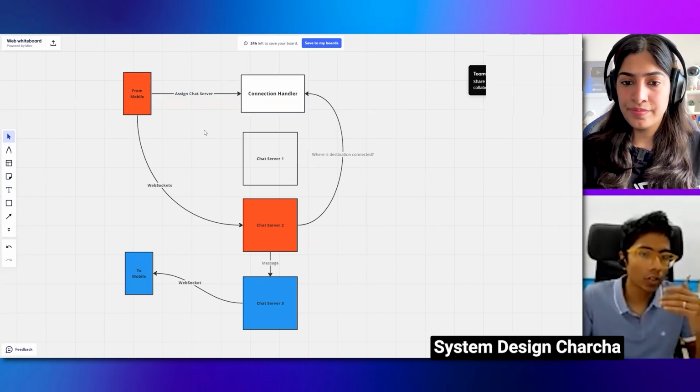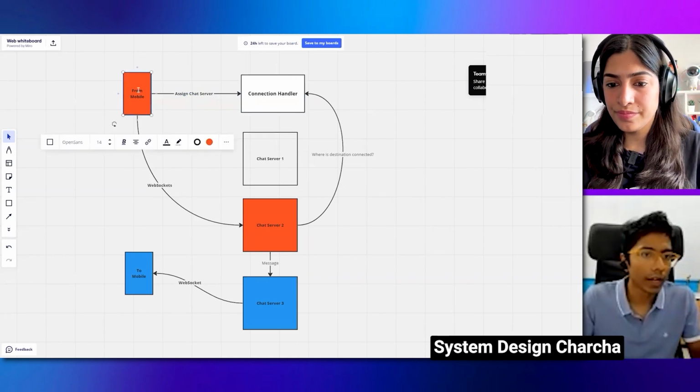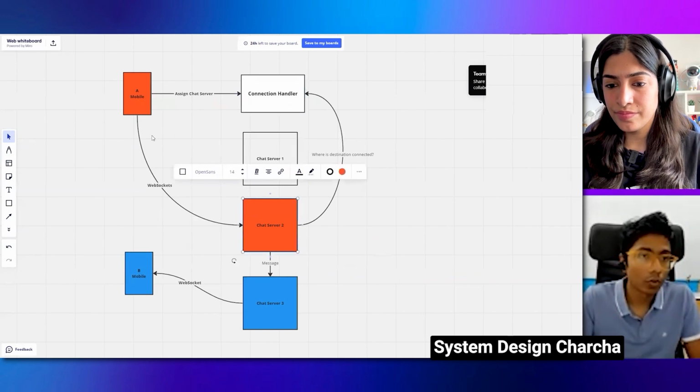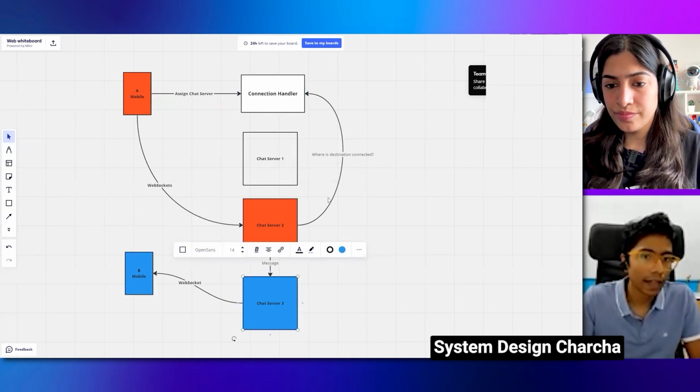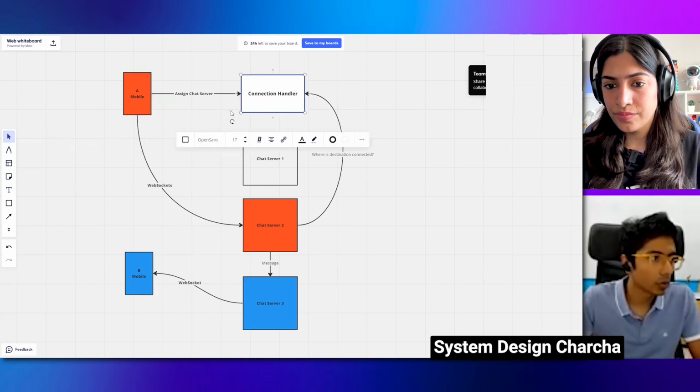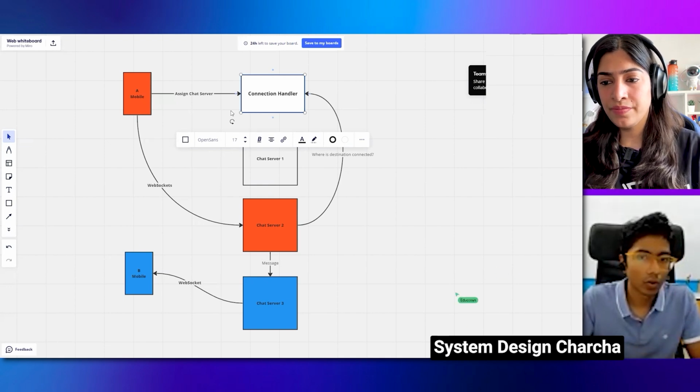So whenever a person wants to know where a mobile should connect to, mobile A should connect to mobile B, this has some sort of a mapping of A belongs to chat server 2, B belongs to chat server 3. In that way, all the chat servers can just use this connection handler, and even the client devices can connect to the connection handler to know where to connect to if they are not sure where to go. Yep. Okay.